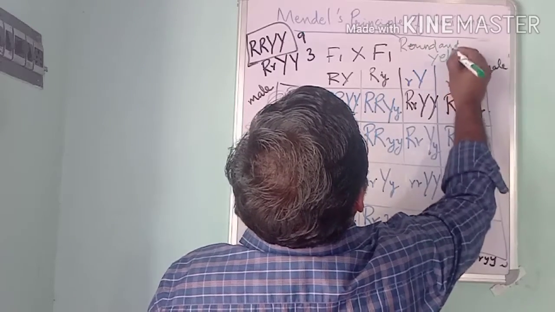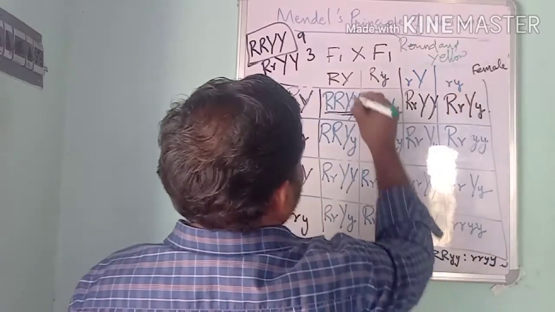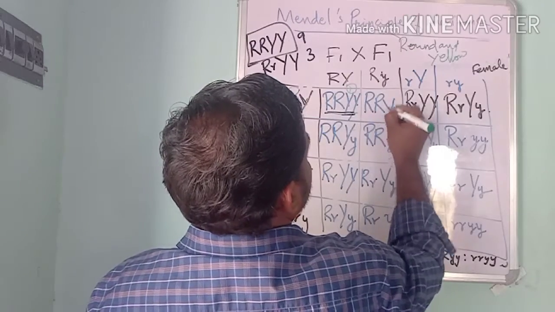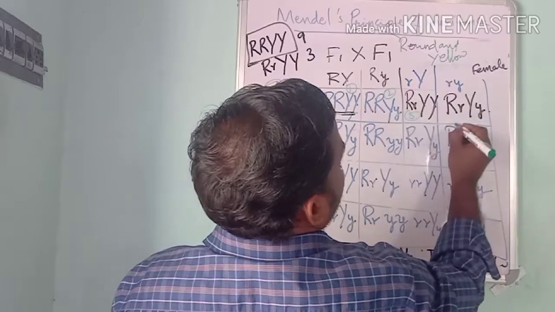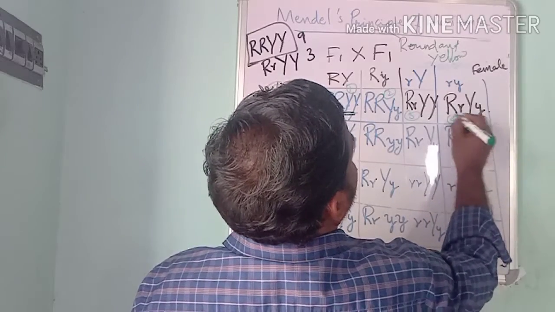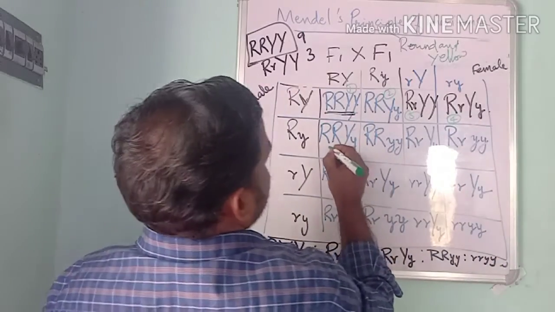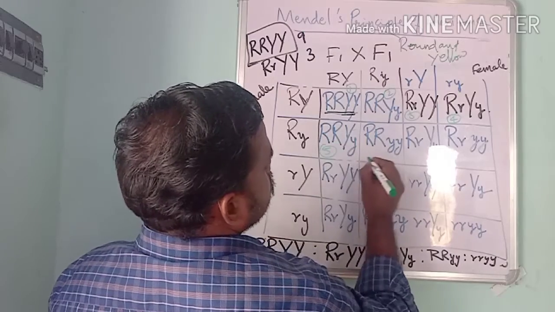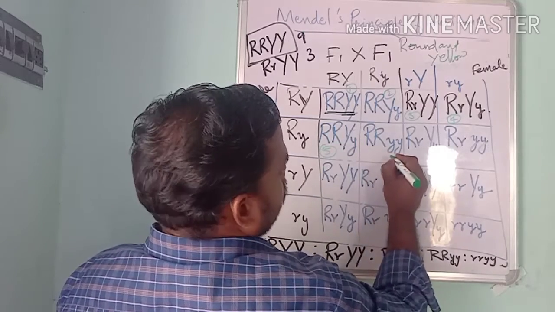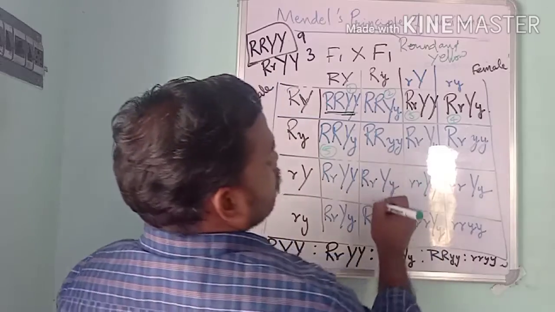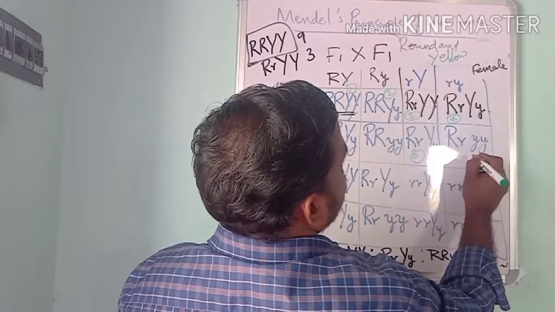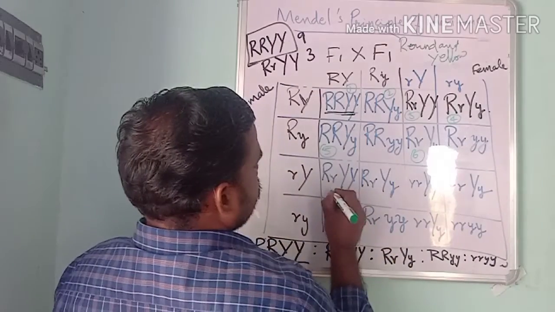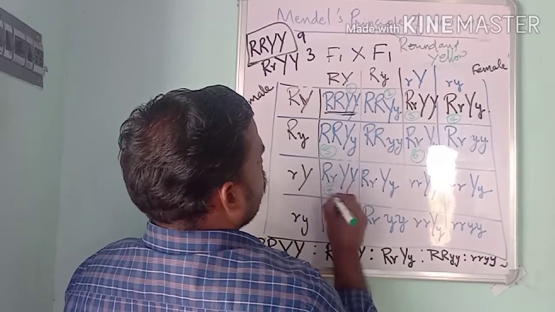How many are there round and yellow? So 1 round. This is 2. And this one 3. And this is also round and yellow. This one 5, round and yellow. This is round but it is not yellow, green. So this is round and yellow. This one round but it is not. Okay, this is also round and yellow.